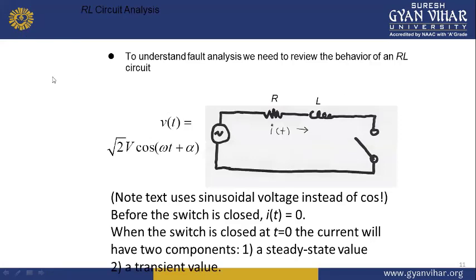Now let's do the RLC circuit analysis for this. Let us consider the short circuit transient on a transmission line. There are certain simplifying assumptions that are important to make at this stage.